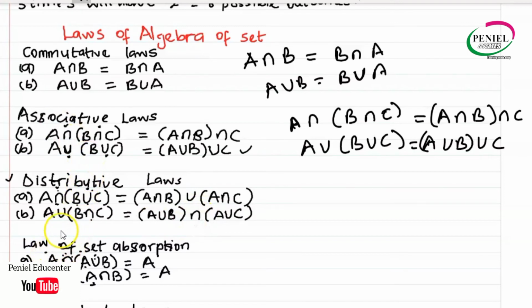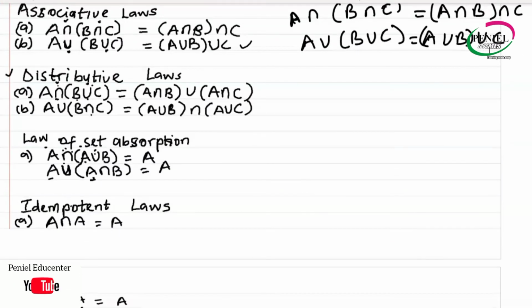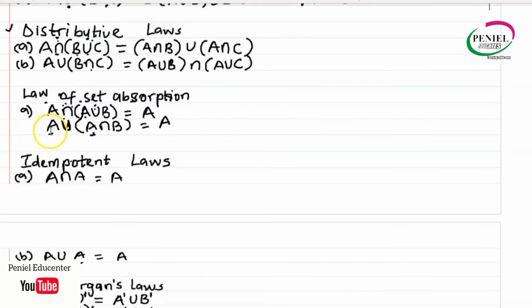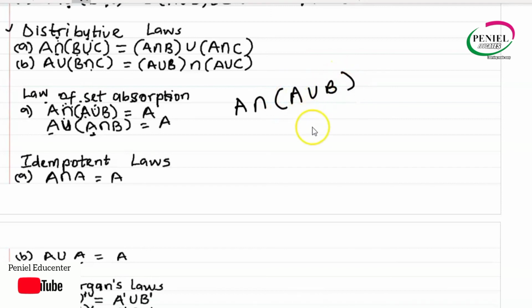So we have law of absorption, and we'll talk about law of absorption. Whenever we have A intersect A union B. For example, we have A intersect, then A union B. So what does the law of absorption say?